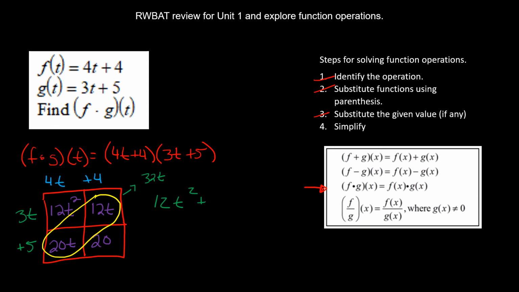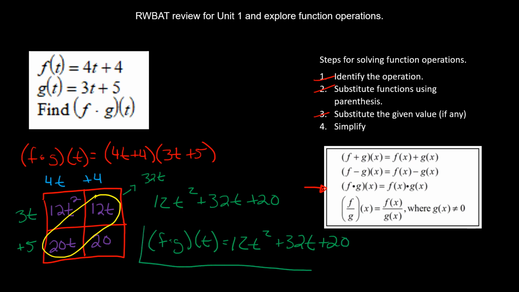So that would be plus 32t plus 20. Okay, to clean this up in our right notation, we want to see this as f times g of t equals 12t squared plus 32t plus 20. And that is it for multiplication of functions.